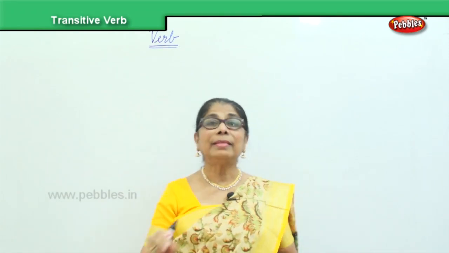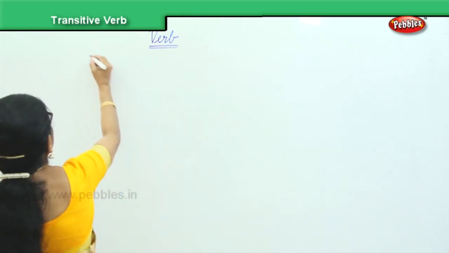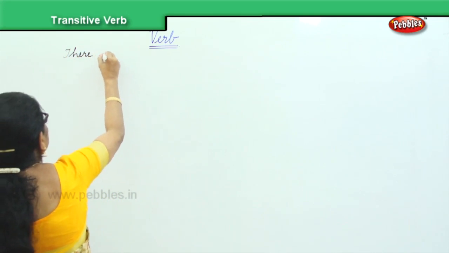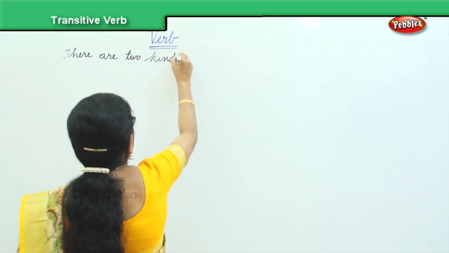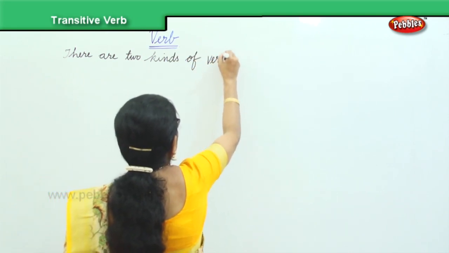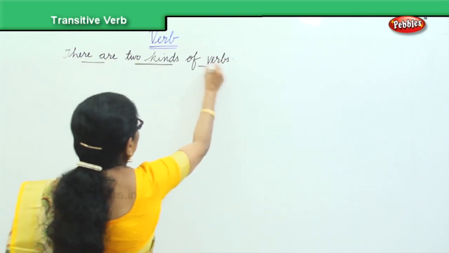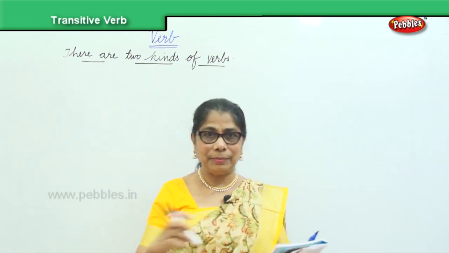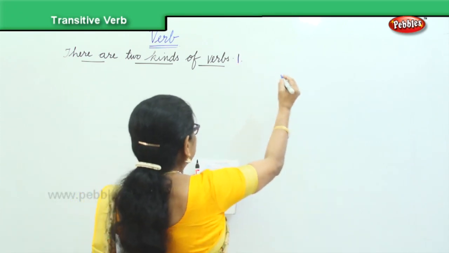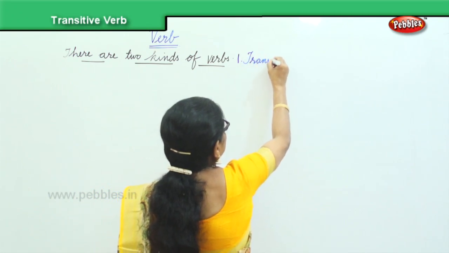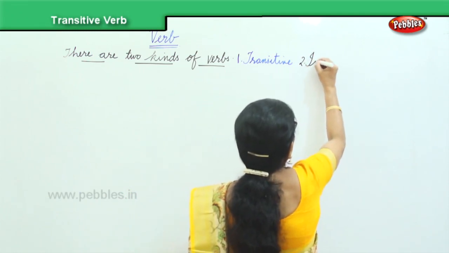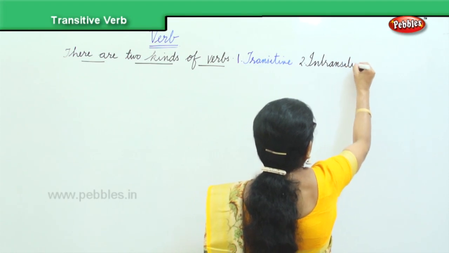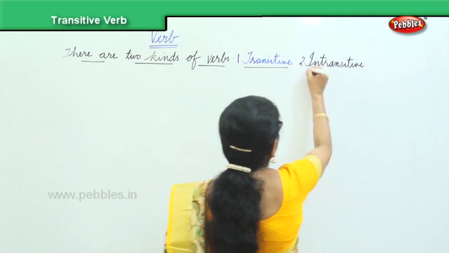We are continuing verbs. There are two kinds of verbs: transitive verb and intransitive verb.